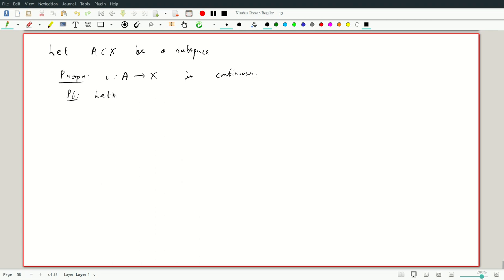So let V contained in X be open. Then the inverse image under the inclusion map of V is just the intersection of V with A. Under an inclusion map, the inverse image of a set is exactly those points that are already in A. So this is open. That is half the definition of the subspace topology. The subspace topology says such sets are open and only such sets are open. We will come back to this later.